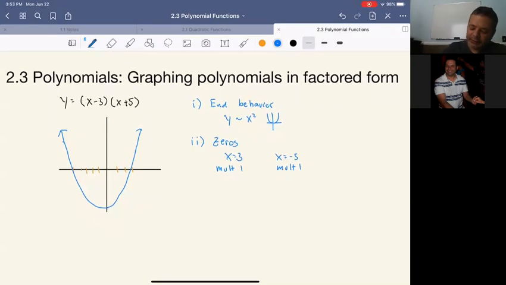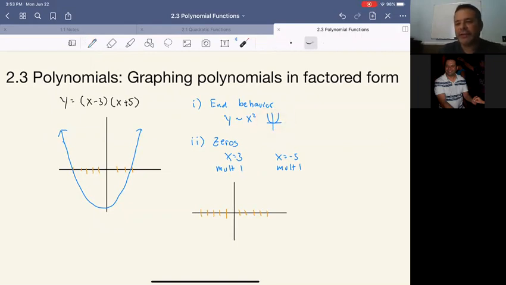Now I'm going to start graphing. I'm just getting the same graph that I got before, so it shouldn't be surprising, but we're getting it a different way. I start with my end behavior, which tells me what the endpoint should look like. So I should start out up here.